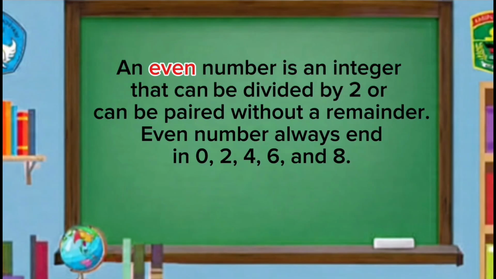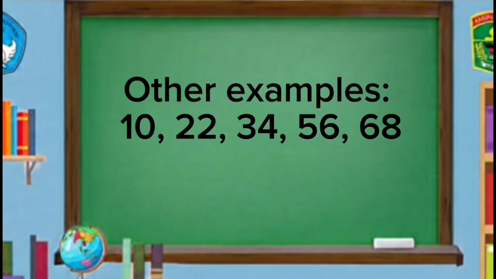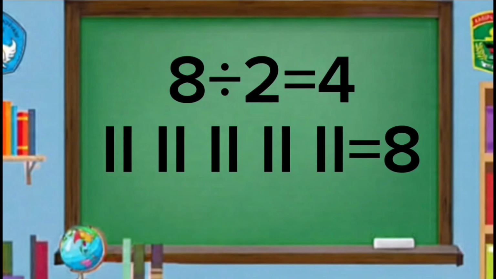Even numbers always end in 0, 2, 4, 6, and 8. For examples: 10, 22, 34, 56, and 68. For example, if we divide 8 by 2, or if we pair 8, there is no remainder.